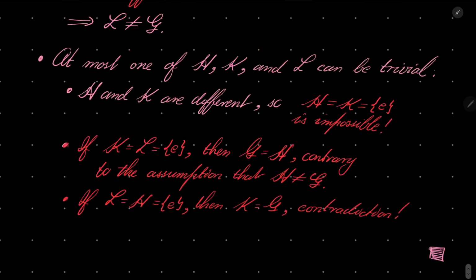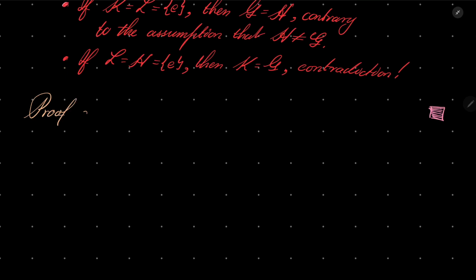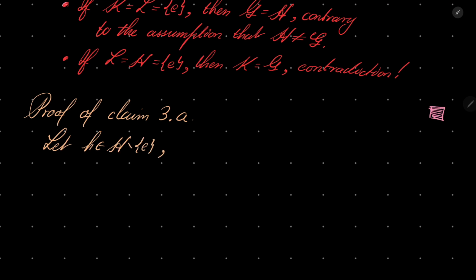Proof of claim 3.A. So let h be in H but not E, and let k be in K but also it's not E.